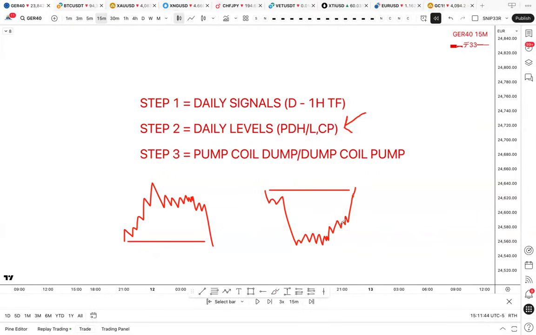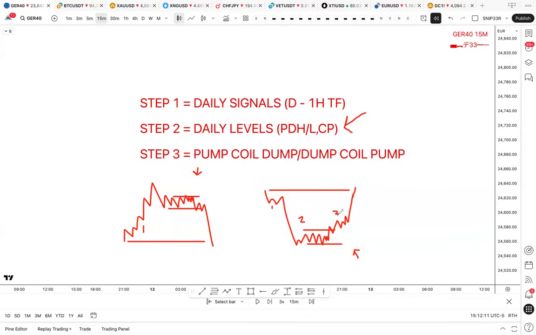That was the original three-step process of identifying these pump and dump or dump and pump templates. I've simplified that to just pump consolidation or dump consolidation pump. I do not care if they're giving me higher highs or lower lows on the inside at all.